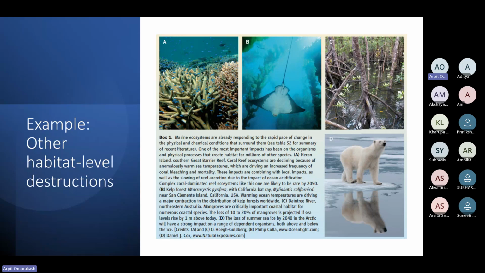That melting of polar ice caps does two things. The first is it leads to less availability of habitat for the polar bear, right? And it leads to increase in sea levels.